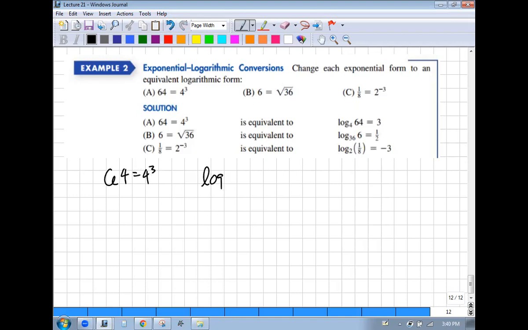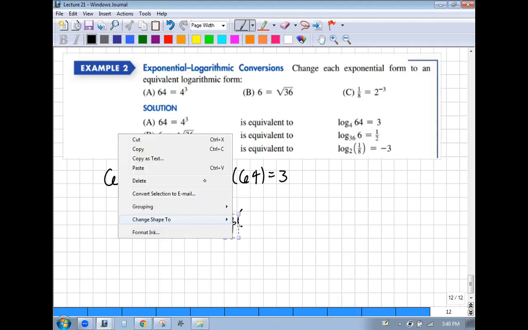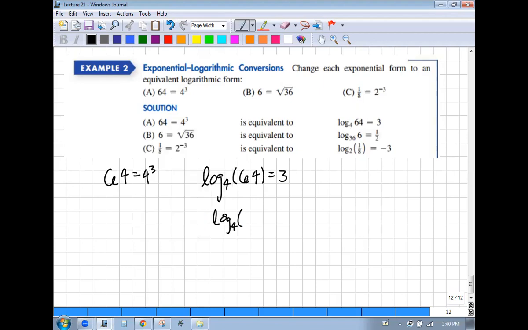So I would say they want log base 4. The base is 4. And then 64 is 3. Yeah, that's what they want. Why is that equivalent? Let me try that again. Log base 4. 64 is 4 cubed, right?